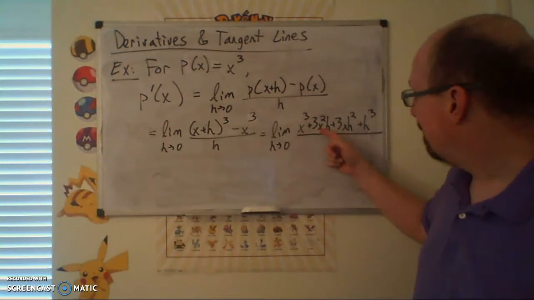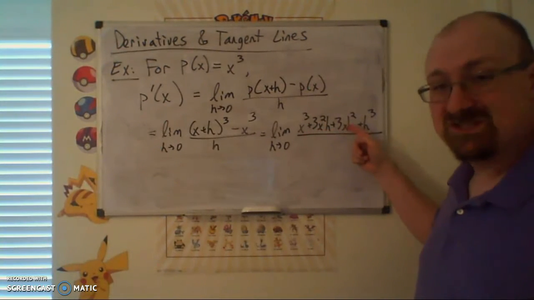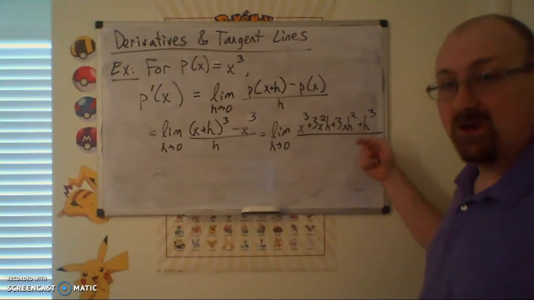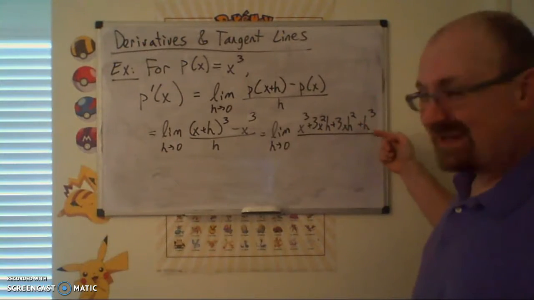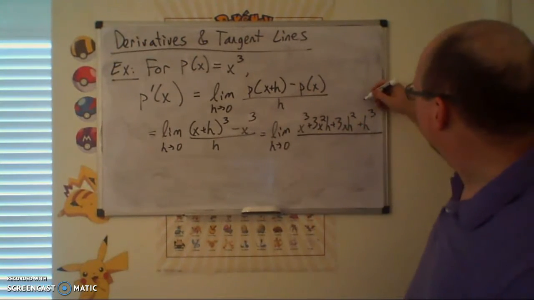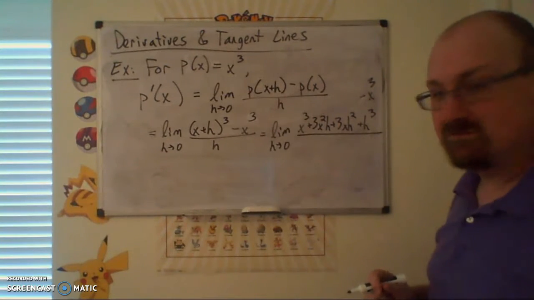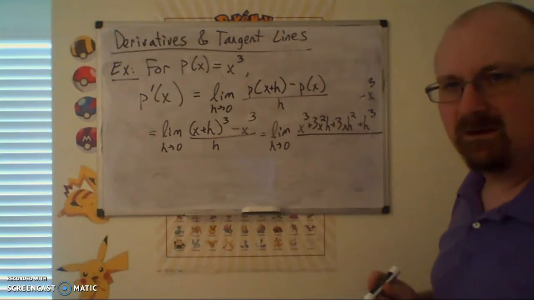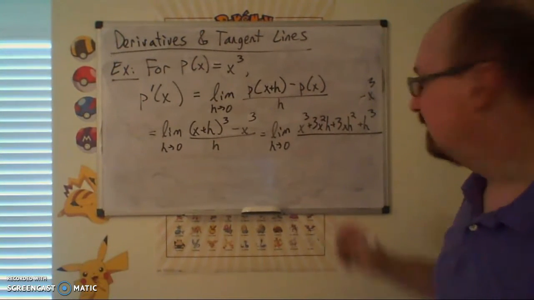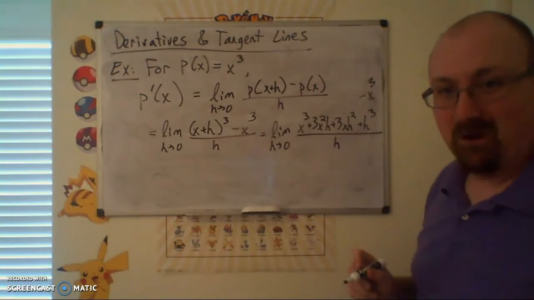You have x cubed plus 3x squared h plus 3x h squared. Again, note that the square moves there. Plus h cubed. And no, I have not forgotten that minus x cubed. I'm just not willing to write on my wall here. And the whole thing is over h.